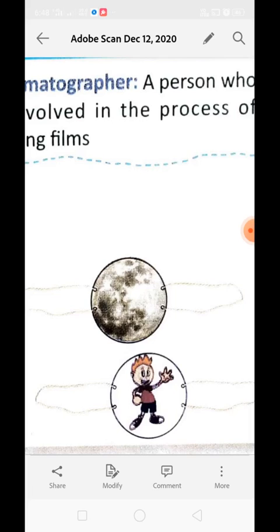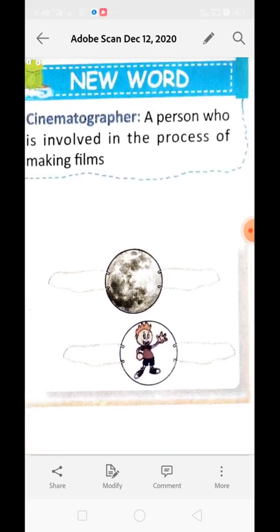Now twist the thread and make the cardboard twirl rapidly. You will see yourself on the moon. Why? Because the images formed by the twirling of the cardboard change at a higher speed than our eyes can retain an image. So by moving this cardboard, you will feel that your picture is placed on the moon.